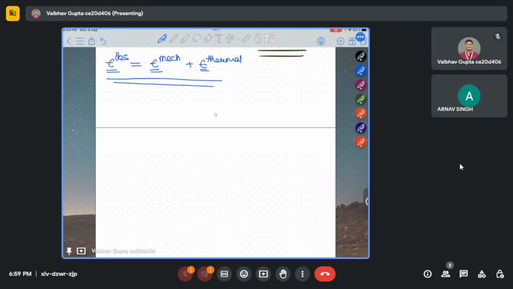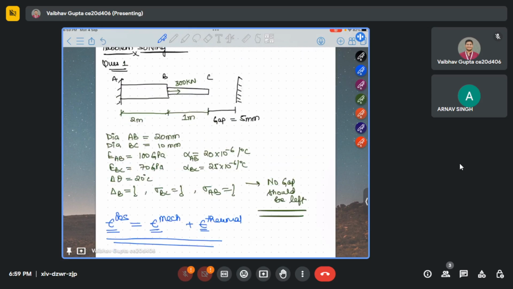So now again we'll draw the free body diagram, AB and BC. When this gap is closed, this fixed point will push the CB with force F, because we are closing the gap and pushing the fixed support, so that fixed support will give a reaction in the form of some force.